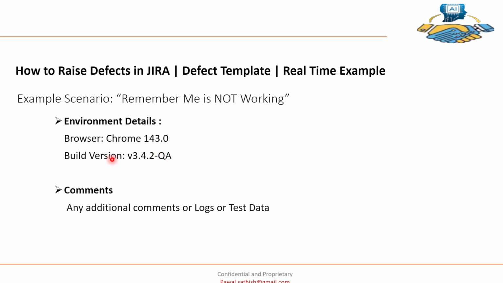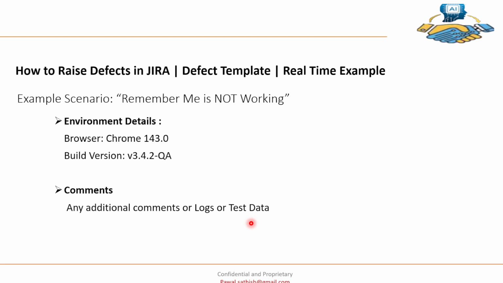Here we have mentioned them. We also provide comments if we have some additional data, logs, or test data, because there may be chances that some defects are specific to some test data. In that case, we need to provide the test data path. So this is the way we need to raise defects, so that the dev team will fix the defects as early as possible.